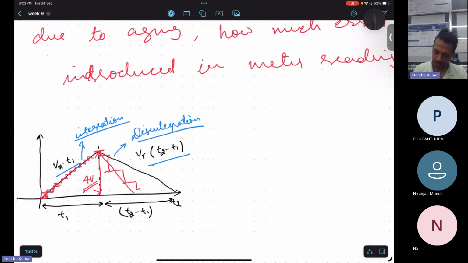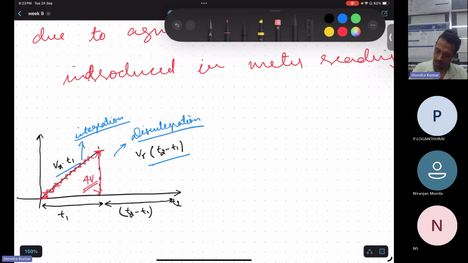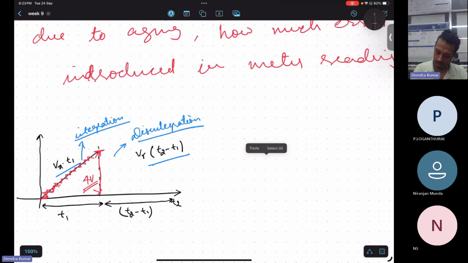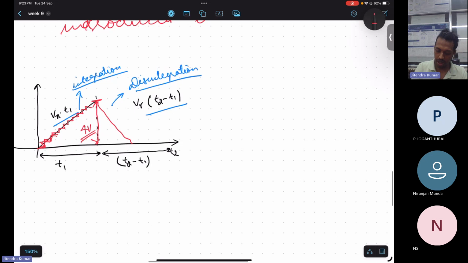This is the sharp sloping curve. If you equate, you will have Vx, the input. Let us write in terms of input: V input into how many clock cycles it took.